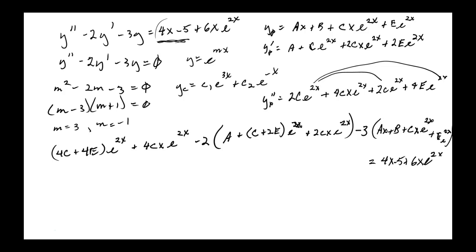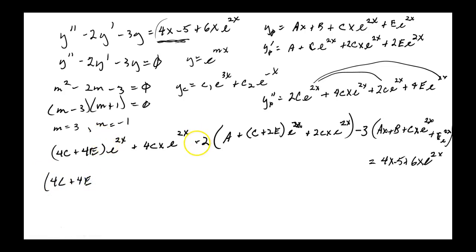All right, so now we need to combine all the things together and see what we've got. From the first term, we got 4c plus 4e, times e to the 2x.